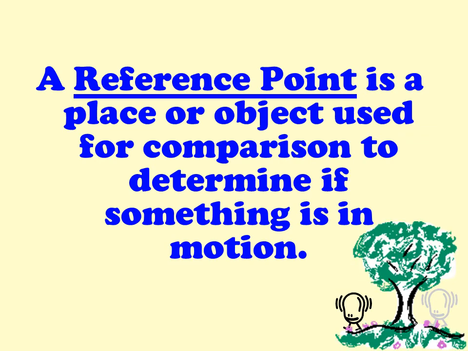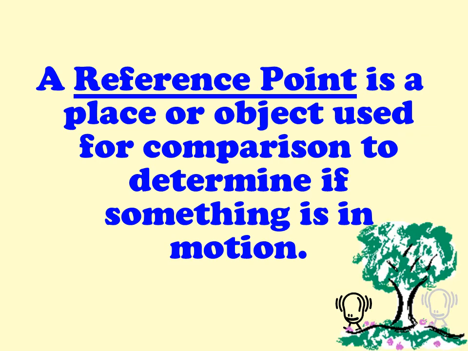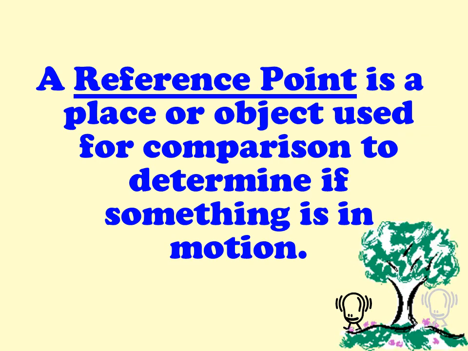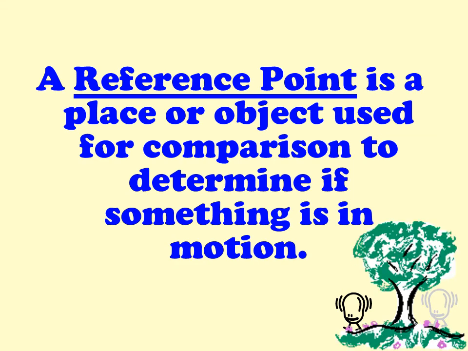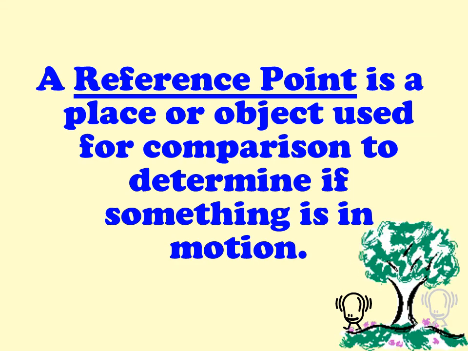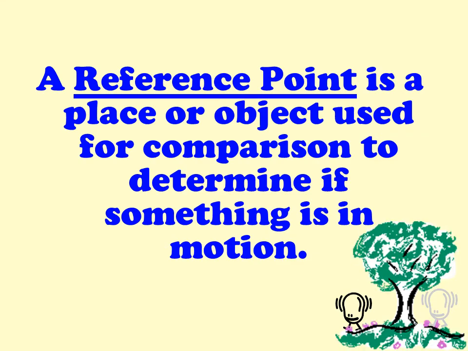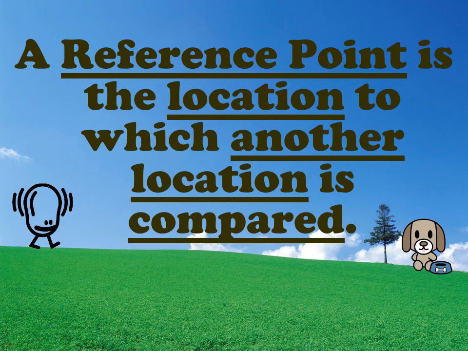A reference point is a place or an object used for comparison to determine if something is in motion. So you use that to determine if something's moving. A reference point is the location to which another location is compared.